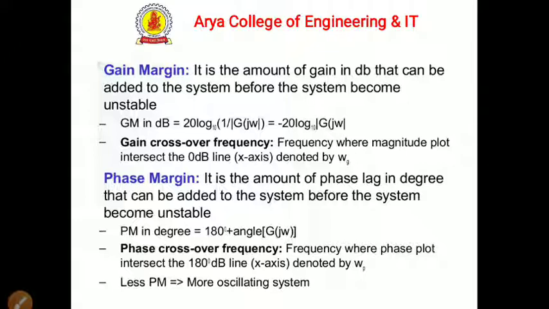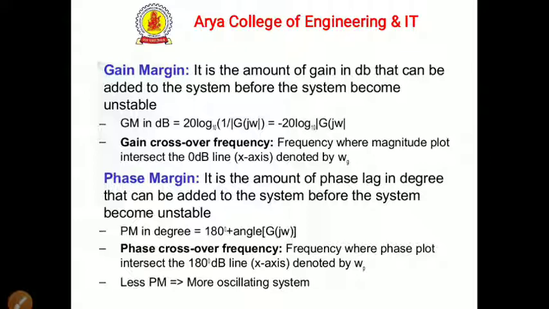We have two important aspects of the Bode plot: gain margin and phase margin. So what is gain margin? It is the amount of gain in dB that can be added to the system before the system becomes unstable.